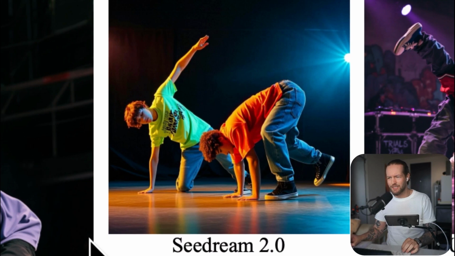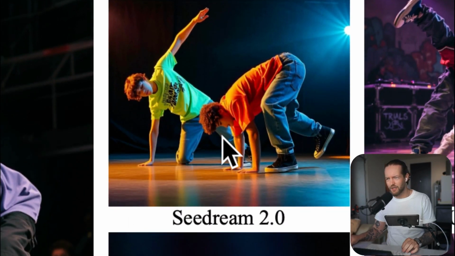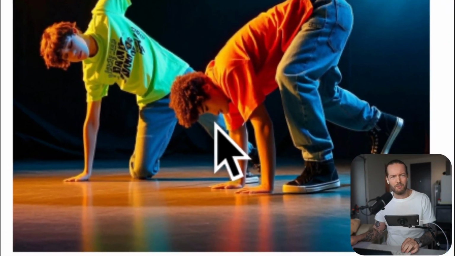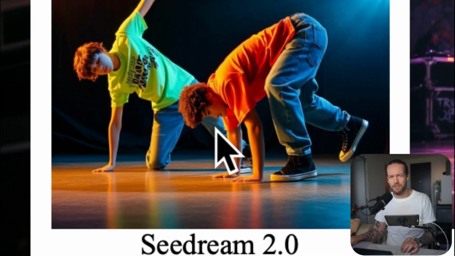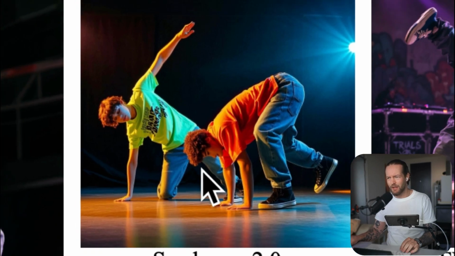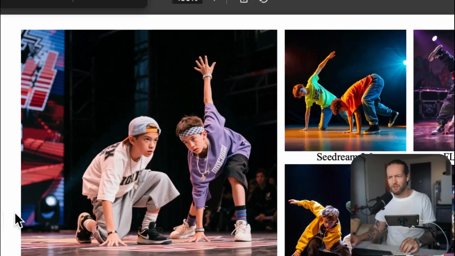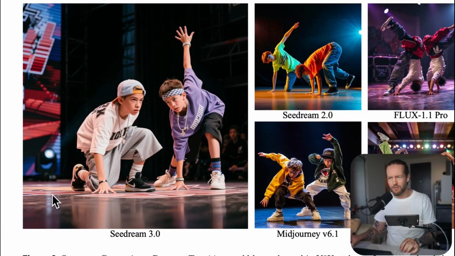Here we have SeeDream 2.0, which definitely creates a face that looks like a puppet of some sort, and the quality is definitely not as high as the other models. But when we take a look at SeeDream 3.0, you can see that both of them are on stage holding their hands to the ground.